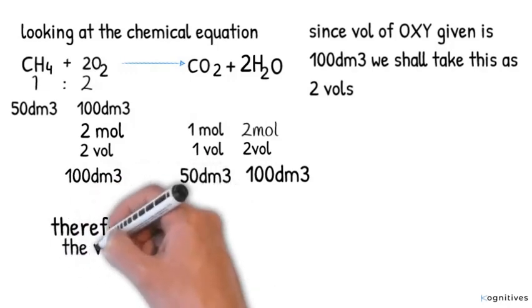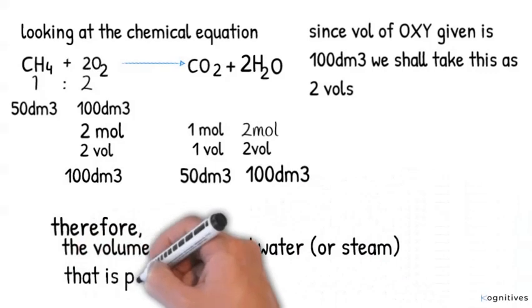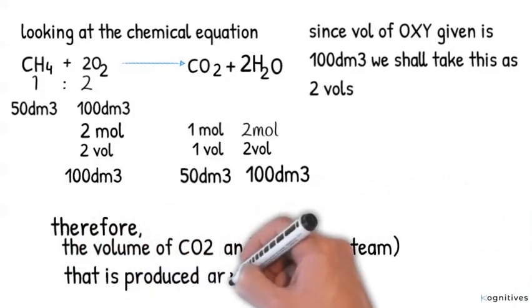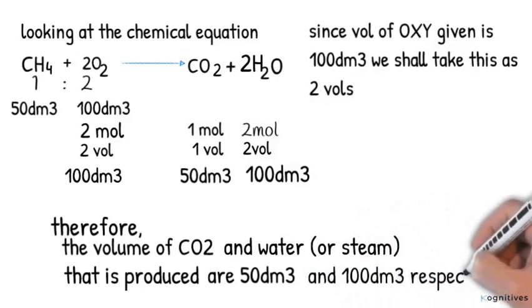Therefore, the volumes of carbon dioxide and water or steam that are produced are 50 dm³ and 100 dm³ respectively. It's that easy.